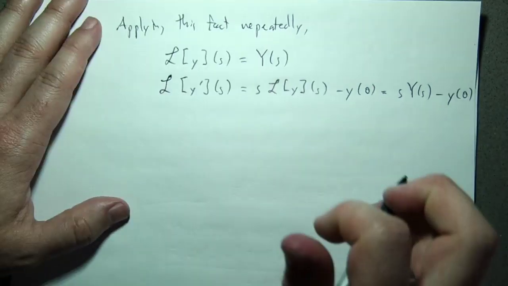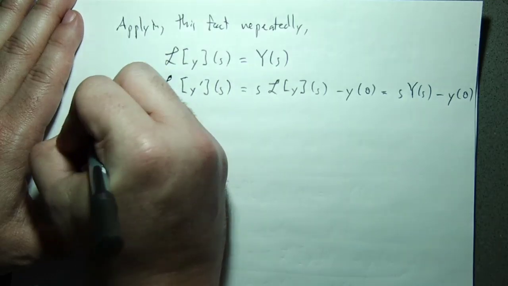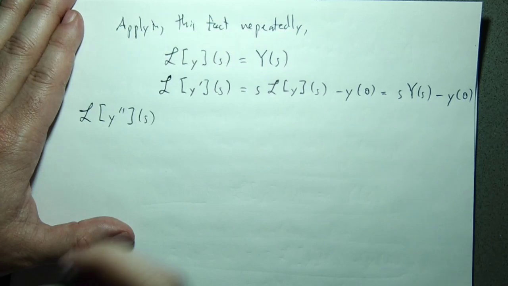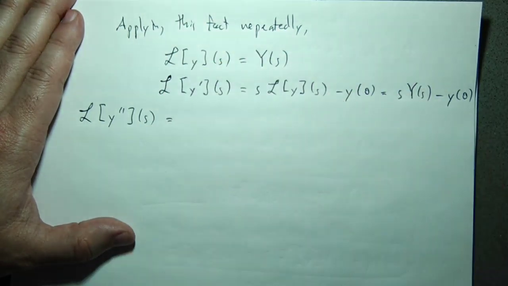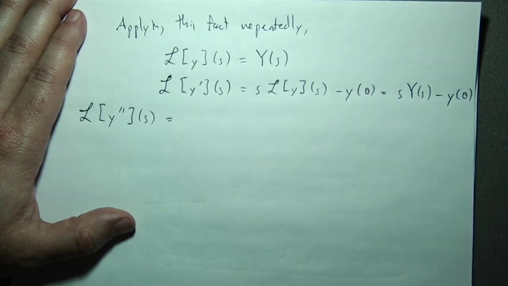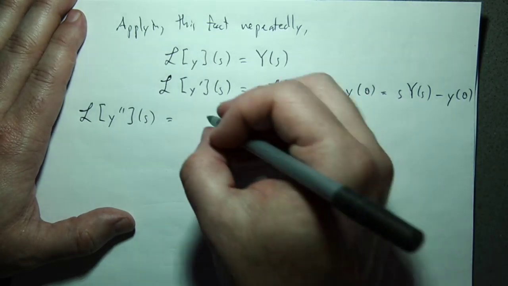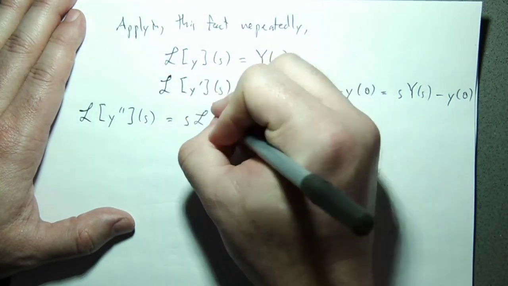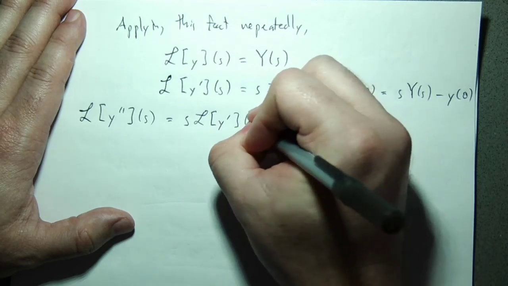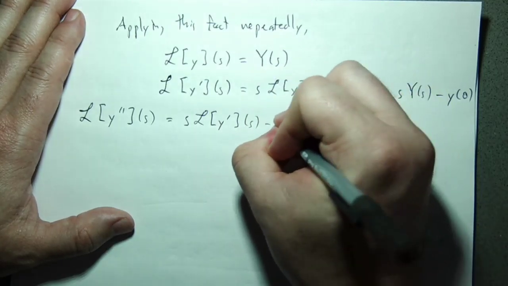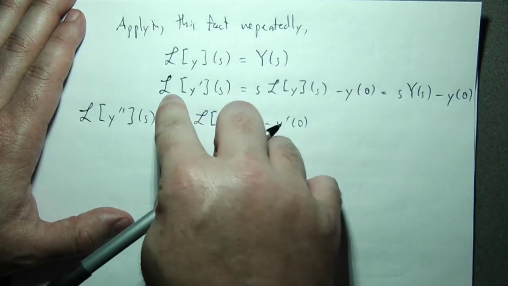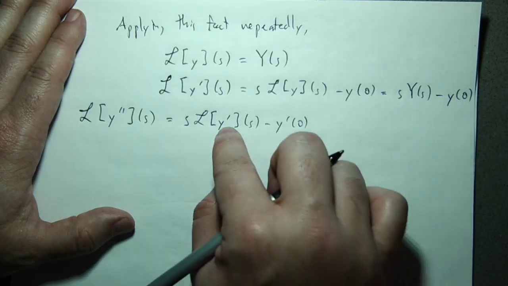Okay. Applying the formula again, this is L of y double prime of s. According to this first formula, using y prime in the place of y, this is s times the Laplace transform of y prime of s minus y prime of 0. But now I use this previous formula for this thing.